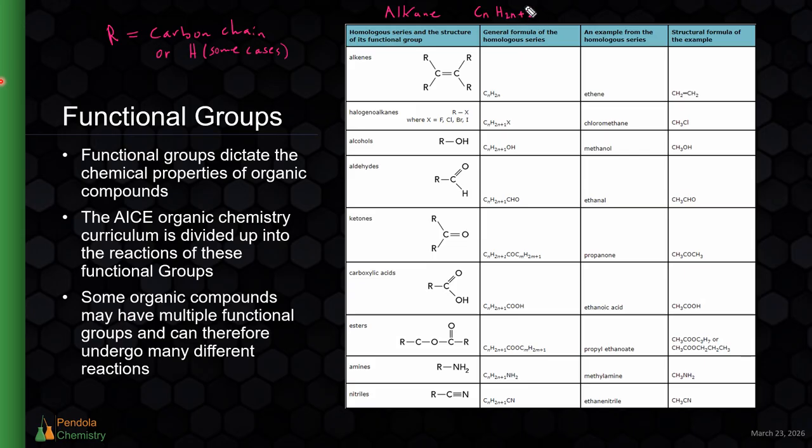CnH2n+2 is the general formula for an alkane homologous series. When we have a halogen alkane, we replace one of those hydrogens with the halogen, which we symbolize with X. And so the general formula becomes CnH2n+1 instead of plus 2. Because we're replacing one of the hydrogens with a halogen.